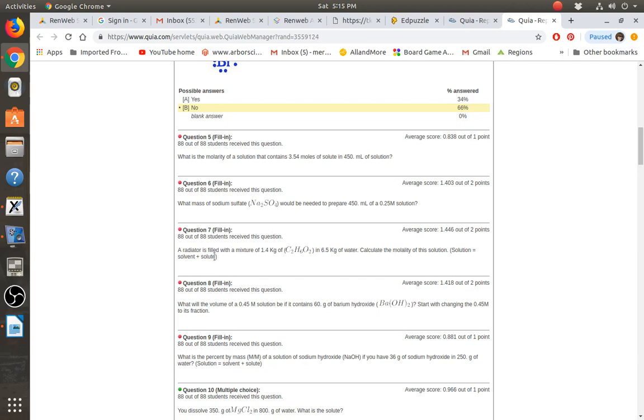We have 1.4 grams of C2H6O2 and 6.5 kilograms, both of them are kilograms rather, of water. So first you look which one is the solute. Well, the smaller one is the solute. So it's going to be 1.4 kilograms of this, and 6.5 kilograms of water is the solvent.